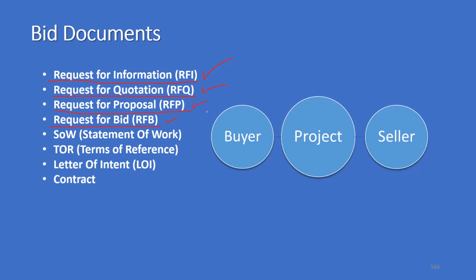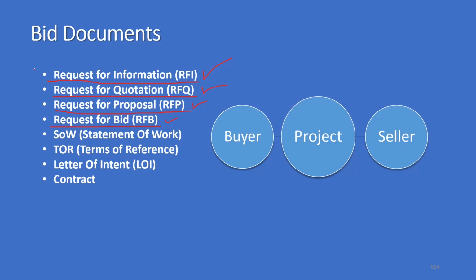Maybe a new airport or a new seaport, or a new national highway or a new metro rail project. It is not done by one single entity. Multiple companies with diverse core skills come together, they form a consortium, and then they quote. That is request for bids.